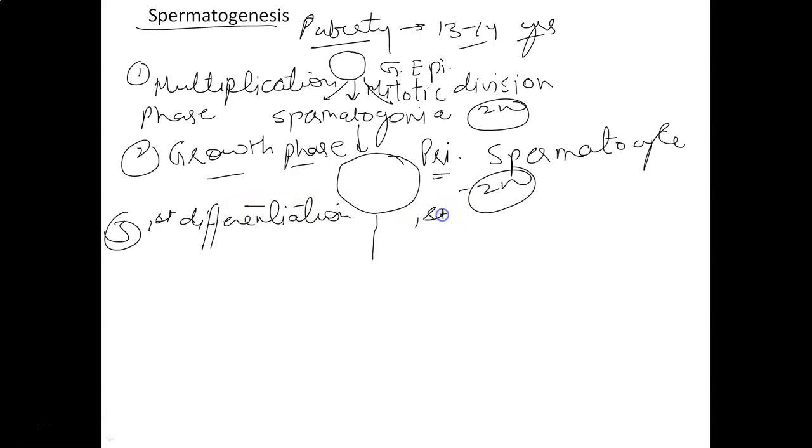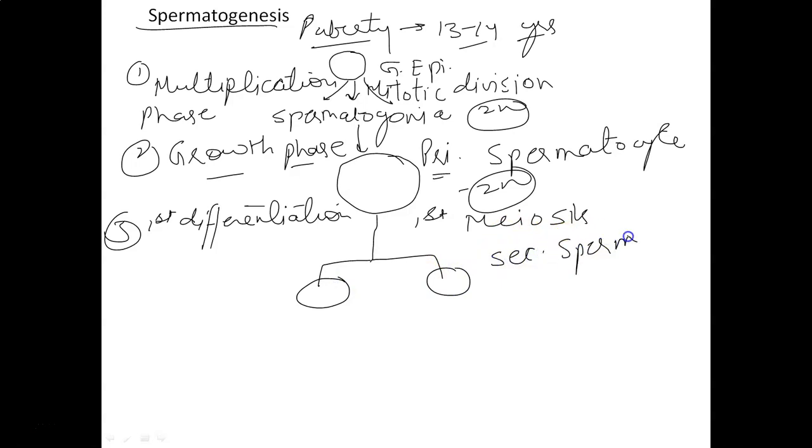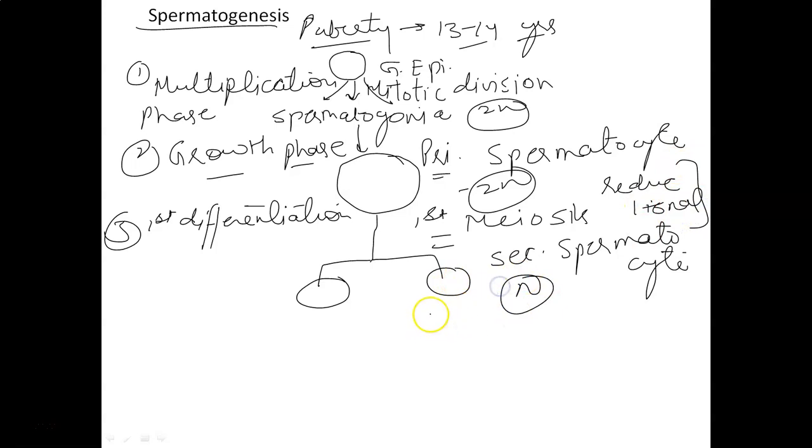So the first meiosis, and we all know that the first meiotic division will result in 2 cells, and these 2 cells are the secondary spermatocytes. The first meiotic division is the reductional one, right? So when the reductional division occurs, the ploidy is reduced to half. So the secondary spermatocytes will be n in number, 2 secondary spermatocytes.